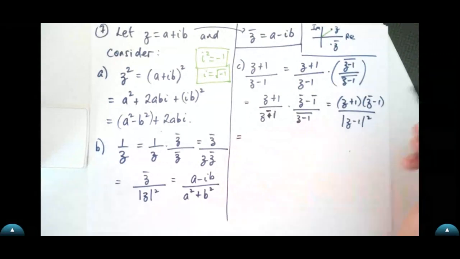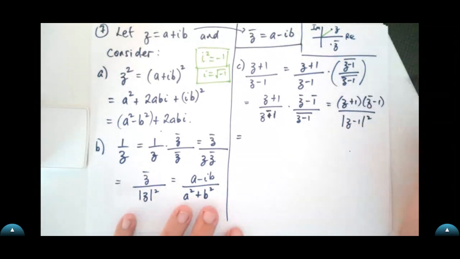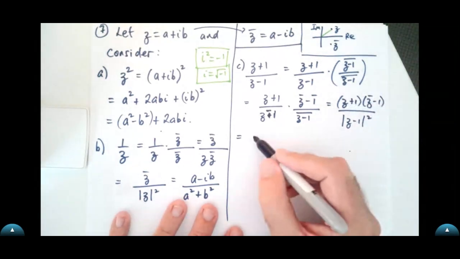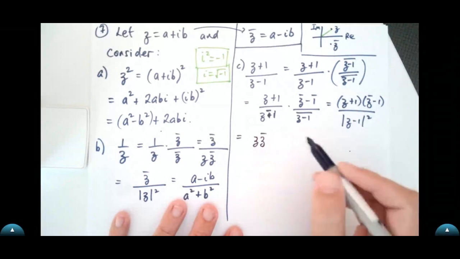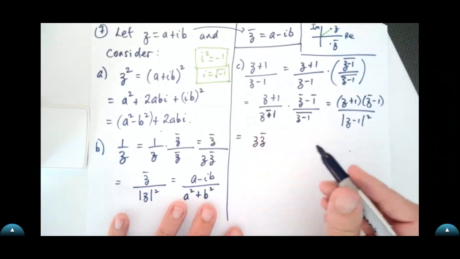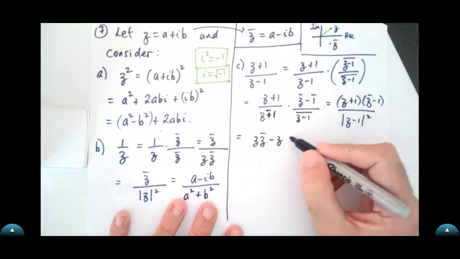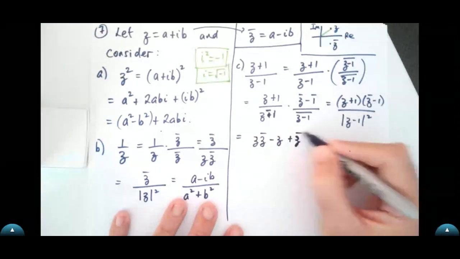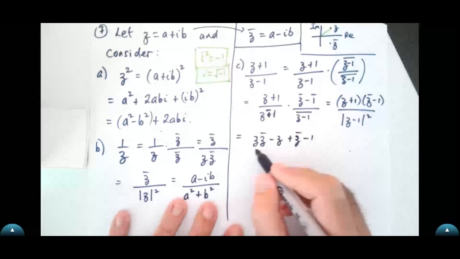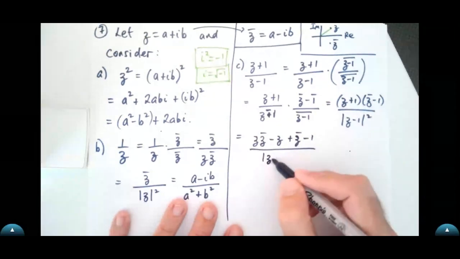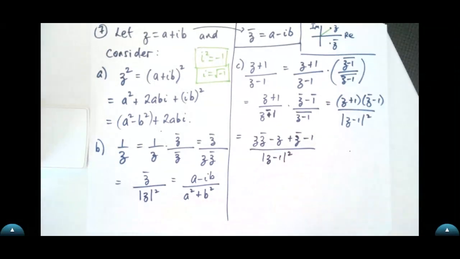So you can see this is a little bit more complicated, but it brings everything together involving conjugates and stuff like that. So let's expand this. Z times Z bar minus Z plus Z bar minus 1 all over this.